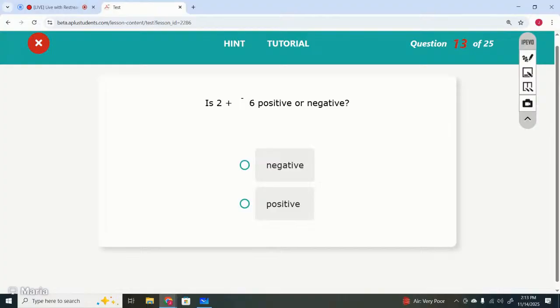Is 2 plus negative 6 positive or negative? Negative it is. Option number 1 is the correct option.